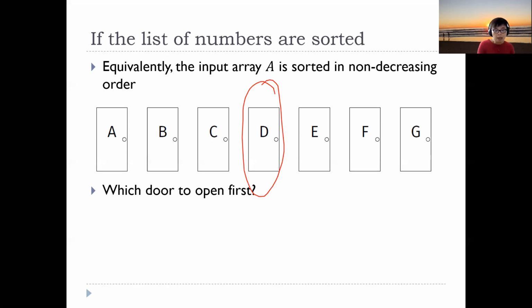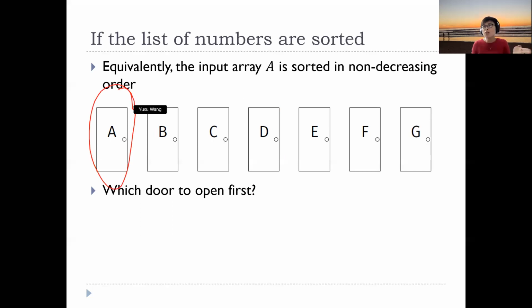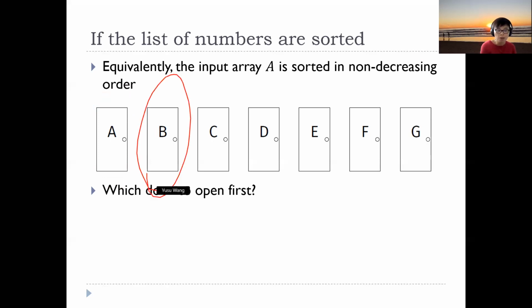You may ask, what if I don't pick the middle one? What if I pick, say, the first one? In this case, if my number is smaller than the first one, maybe let's use the second one. If I pick the second one, and my number is smaller than the one in the second door, we can remove everything, n-2 doors to the right, and only need to check 1 now.